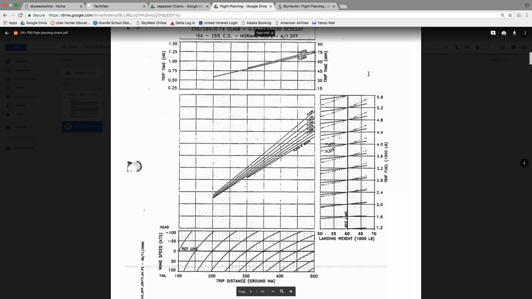So we can go one of two routes here, right? Something that we haven't done yet is we haven't figured out our runways. We can do that at the very end, or we can do that right now.